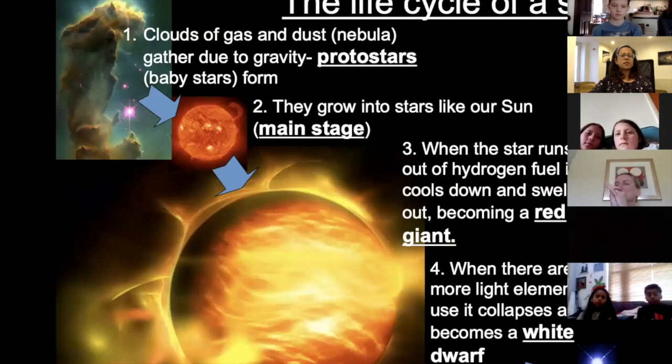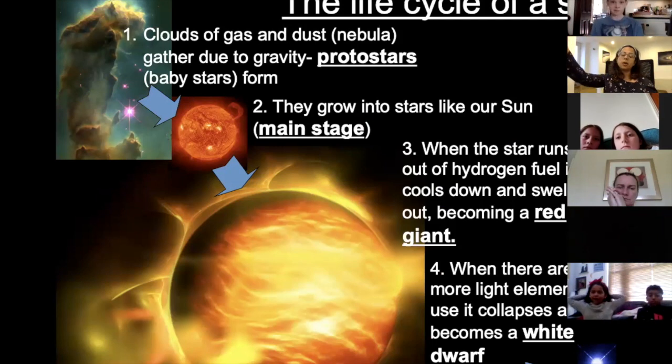So the life cycle of the star, just to recap: you start with your protostars or your baby stars. They grow into stars like our sun, and they live in this main sequence for the majority of their life. And then when the hydrogen fuel runs out, they get bigger and cooler and turn into a red giant. Then all that material is dispersed into space, and they become a white dwarf.